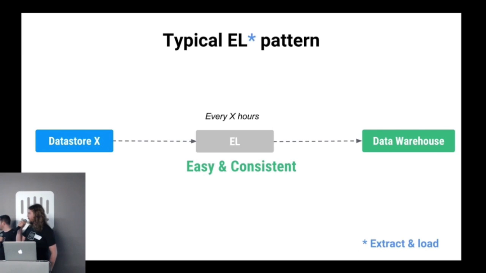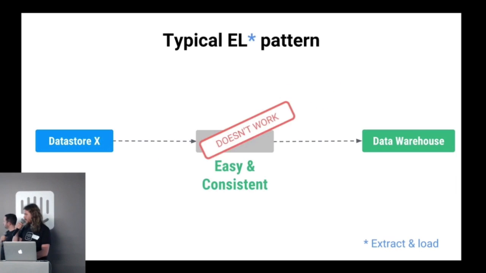Right, so this is a pretty traditional pattern that you can use to put data into your data warehouse. You have your so-called batch-based EL pattern. You extract it and you load it into your data warehouse every X hours. So this might seem pretty attractive, but it didn't work.